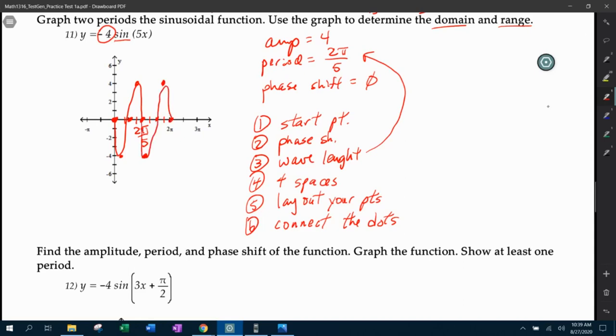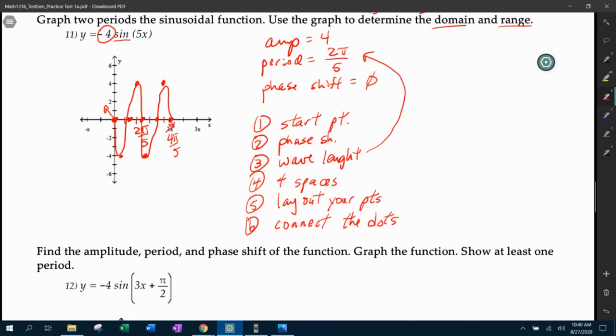And so if the first period was 2 pi over 5, then another period would double that and make that 4 pi over 5. That would be the endpoint of your second period, your second wave.